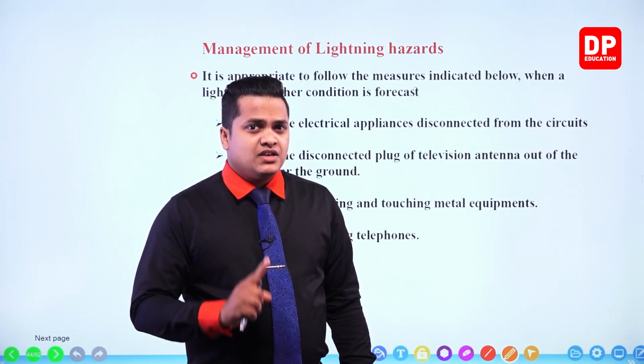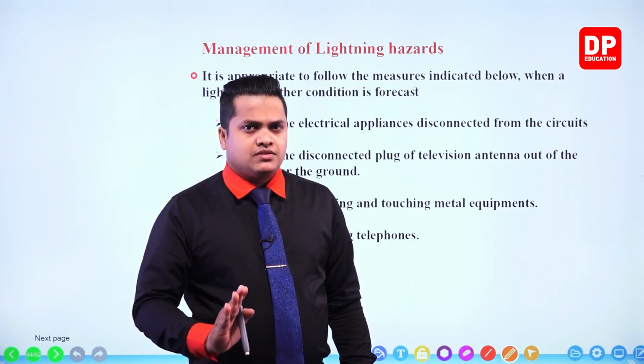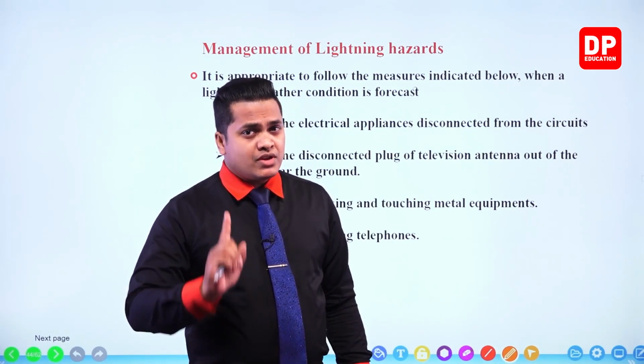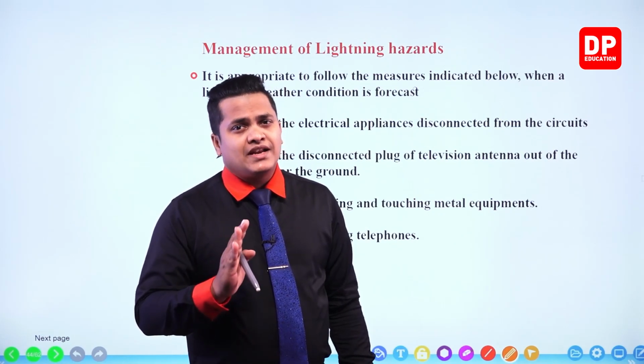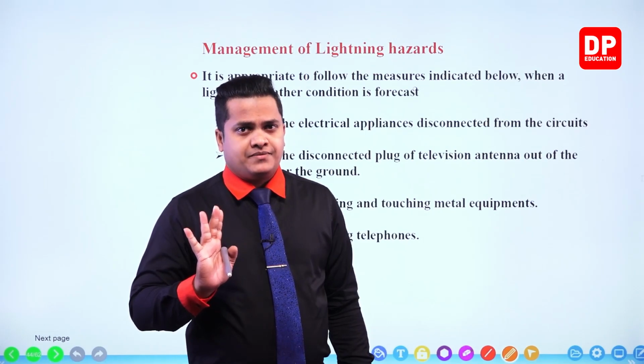So the first and foremost thing to do is disconnect all the plugs and remove them from the plug tops. Otherwise, the particular instrument will definitely get destroyed because of extreme electricity.